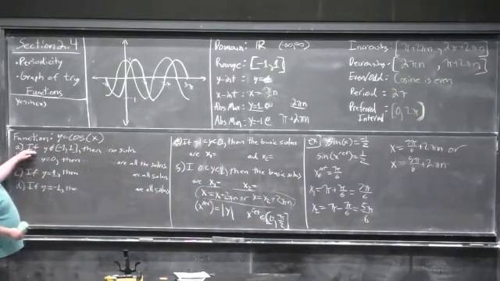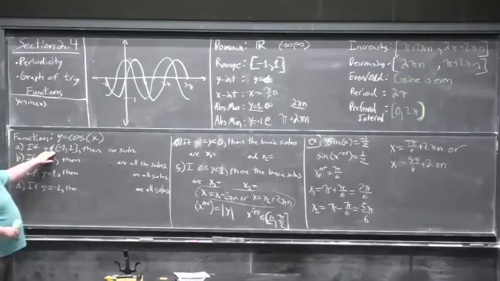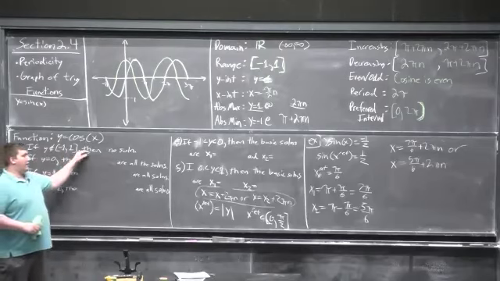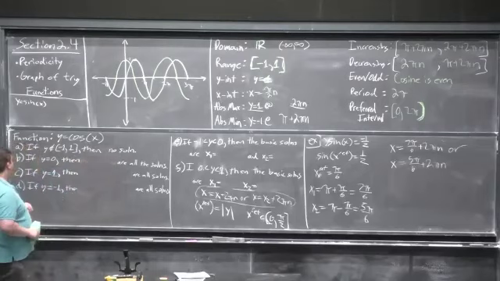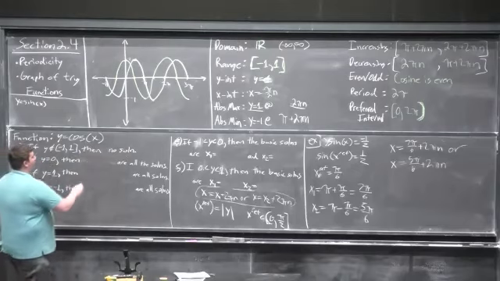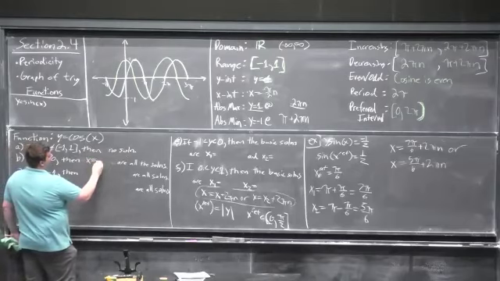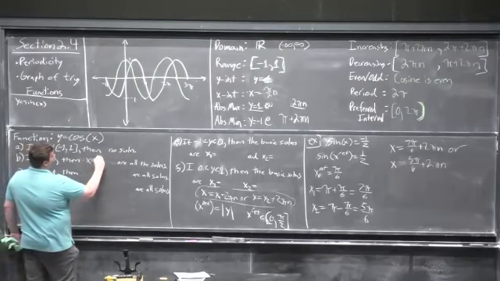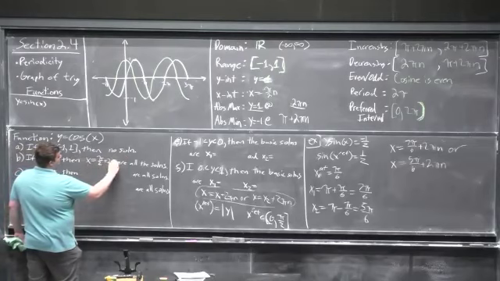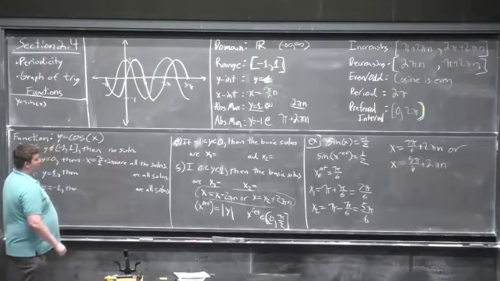So if y is not within -1 to 1, that interval, then we have no solution. If y equals 0, then the solutions are x equals pi over 2 plus 2 pi n.